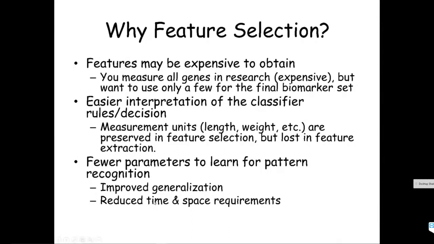Generalization is a common problem in machine learning. If you use too many features, so if you throw all of your data into your machine learning method and hope that it will learn something from that whole set, what it's going to end up doing is memorizing from the features that are not really relevant to your problem. Say you are studying Alzheimer's disease, and one of the features is which city the patient comes from.